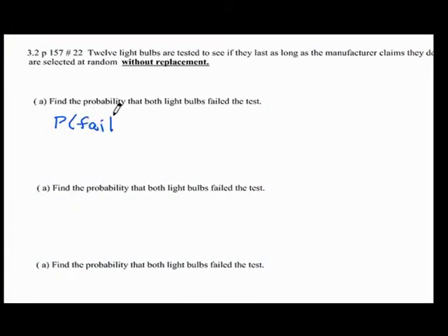And so to calculate this probability, we're going to use our multiplication rules. So we want to have the probability the first one failed times the probability the second one failed, given that the first one failed. So the probability of a light bulb failing is 3 out of 12. So if you have 12 light bulbs and you took one of them out, now you've got 11 light bulbs left.